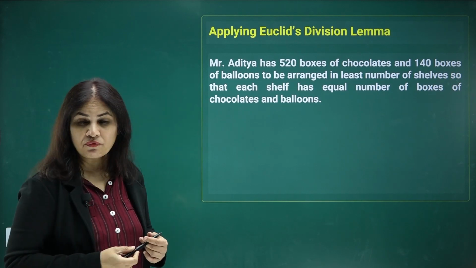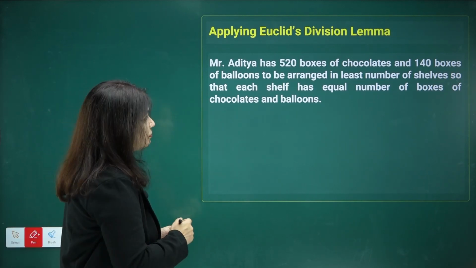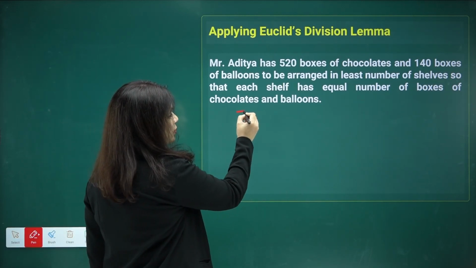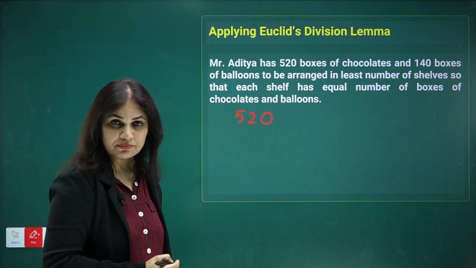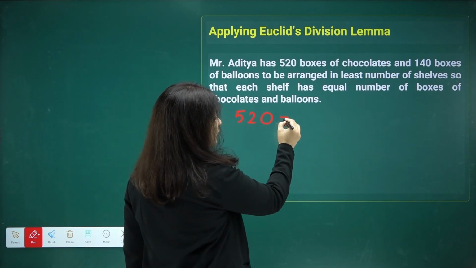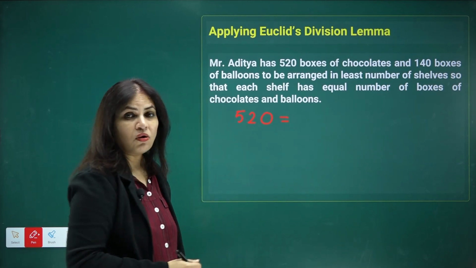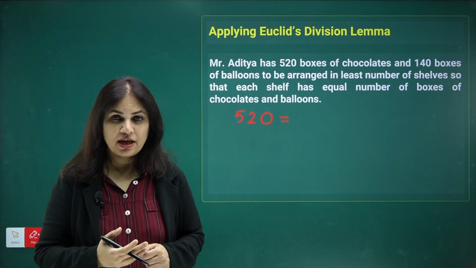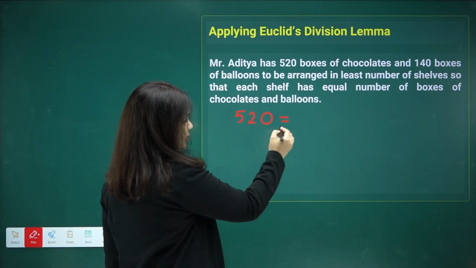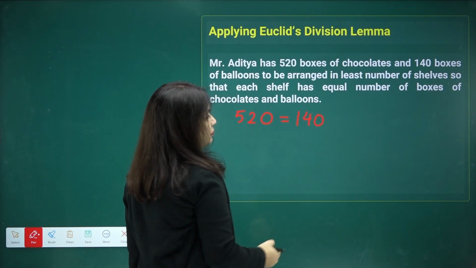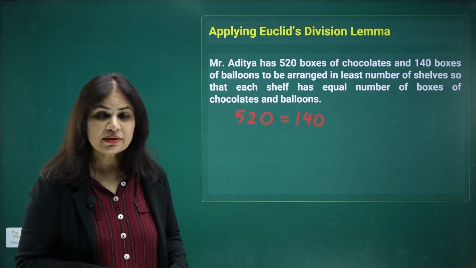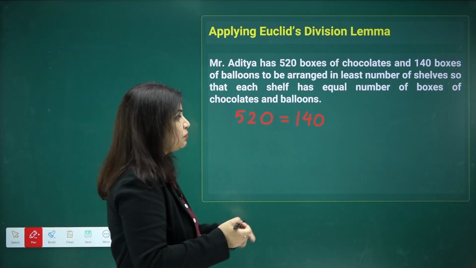520 and 140 as numbers, first we will split up 520 as a multiple of 140, 140 being one of the factors.